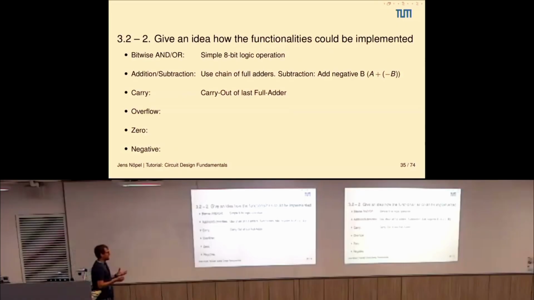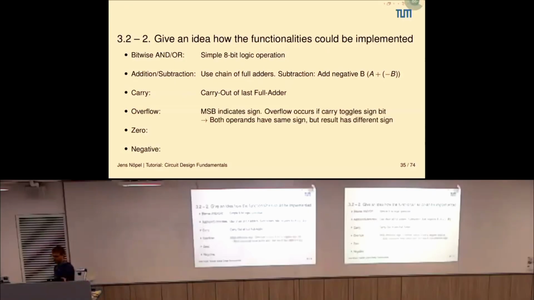The carry is kind of easy if we already have an adder, and the carry is the carry of the MSB, then just use the carry out of the last full adder and copy it as the carry. And the overflow, this is now the interesting part.